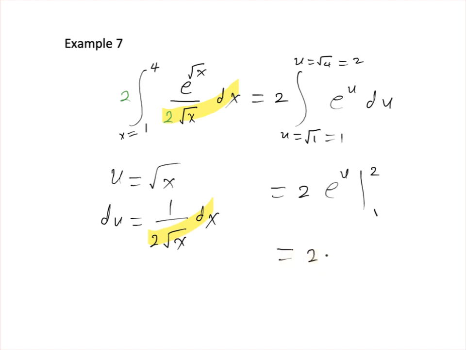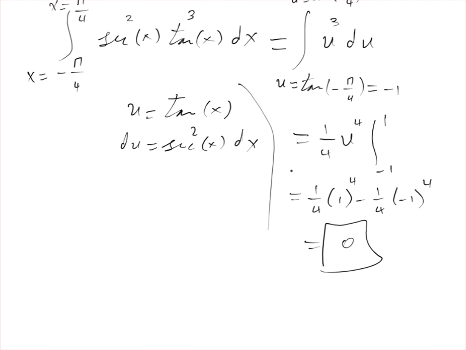So you get 2e squared minus 2e to the first power, which is just 2e. And that is the value of that integral.